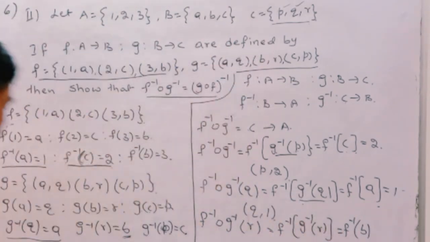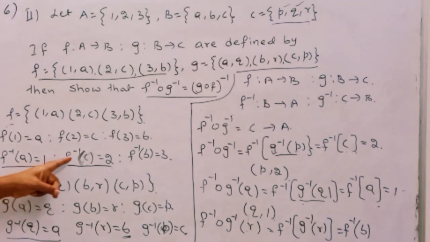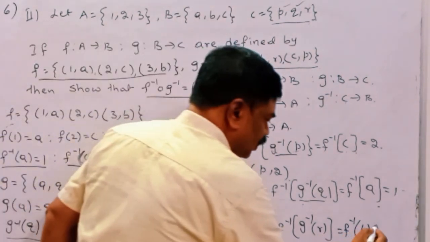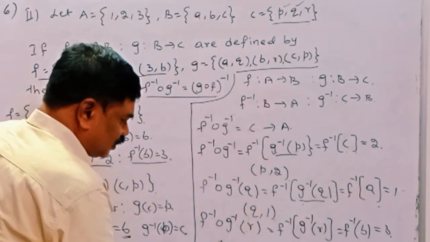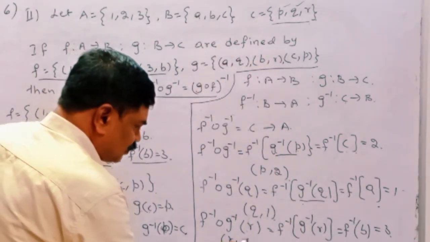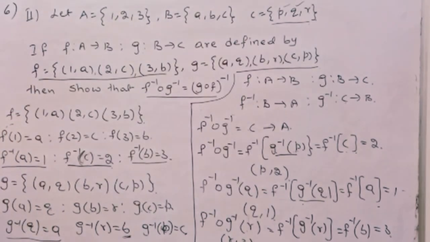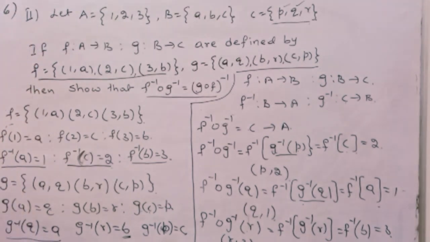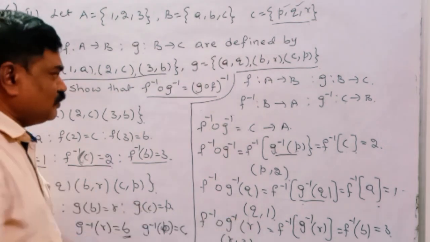What is F inverse of B? F inverse of B is 3. Then the ordered pair is R comma 3.